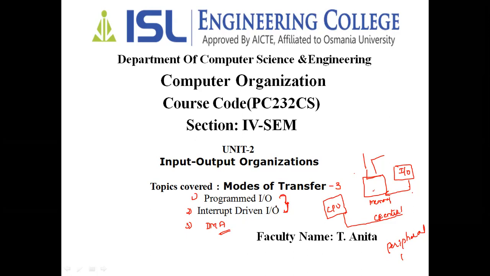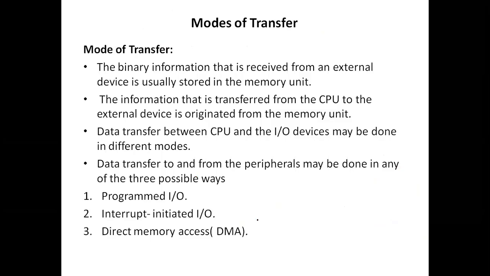So without any delay, we'll start the first mode of transfer, that is programmed IO. Here I have listed programmed IO, interrupt-driven IO, and DMA. What is a mode of transfer?